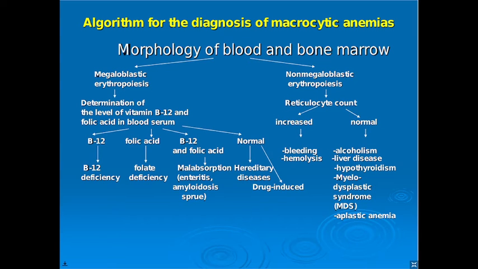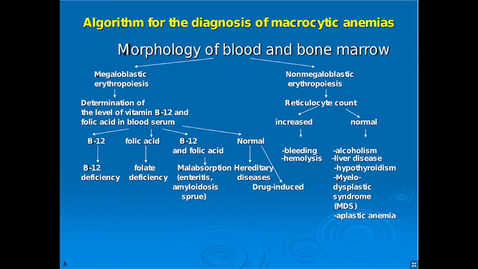Increased level of the RPI, more than 3: bleeding, hemolysis. Hemolysis is also a consequence after massive blood loss. What else? After, as we mentioned before, the long course of intravascular nutrition.